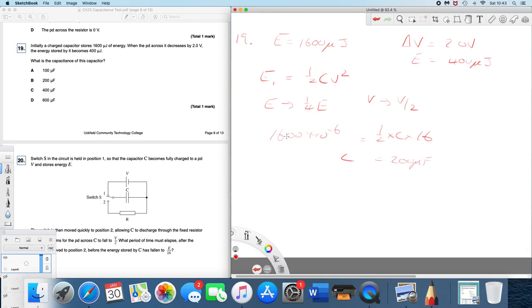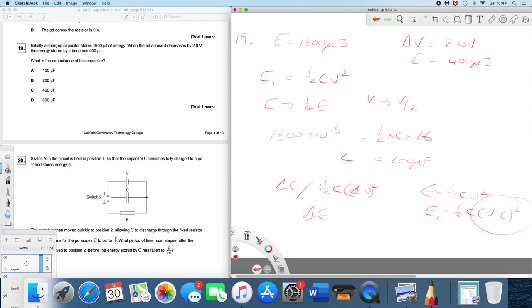microfarads. Now you might be tempted to try and do this on some kind of proportionate basis, and saying delta E is a half C delta V squared, but that's not actually true, because since E is a half CV squared, then what you're saying is that second energy is a half C V minus 2 squared, and clearly the change in the energy is not equal to, if you multiply out that, a half C delta V squared.